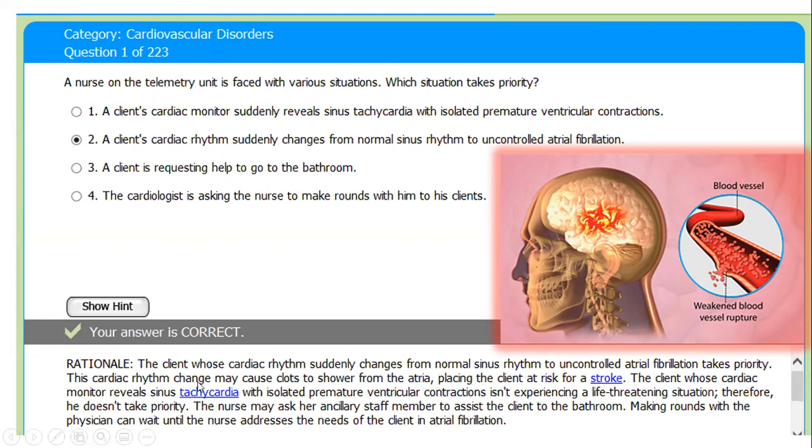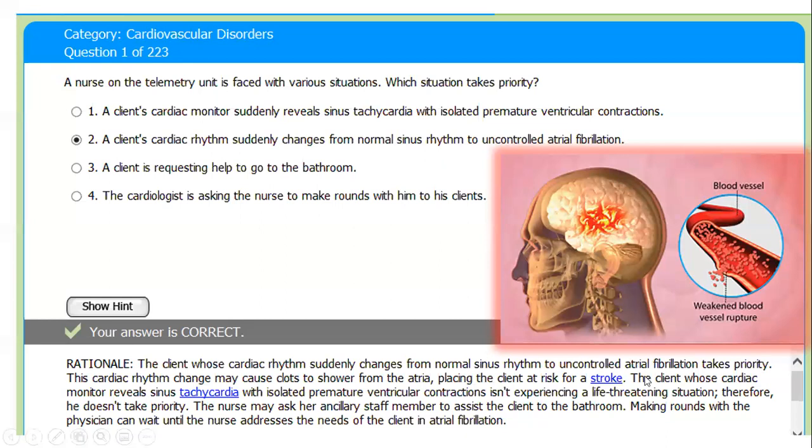This cardiac rhythm change may cause clots or slow blood flow from the atria, placing the client at risk for a stroke. What is a stroke? Stroke, also known as cerebrovascular accident, shortly called CVA, occurs when the blood supply to the brain is reduced or blocked completely.